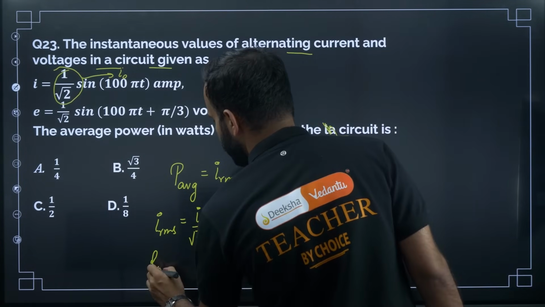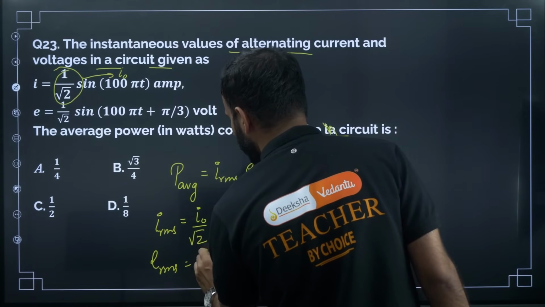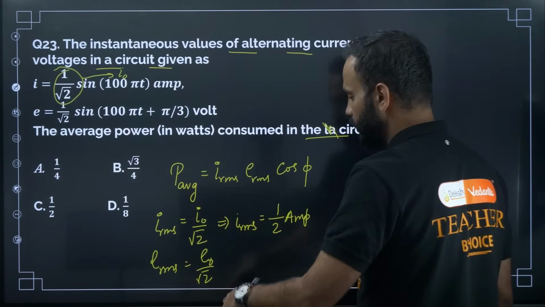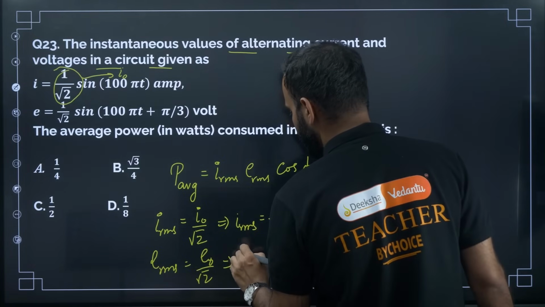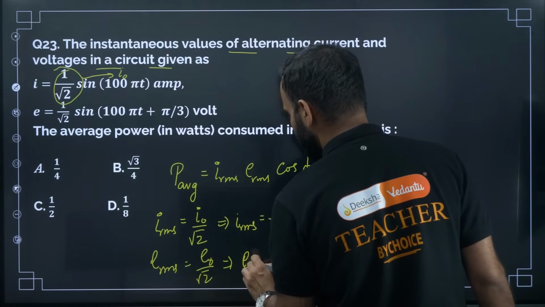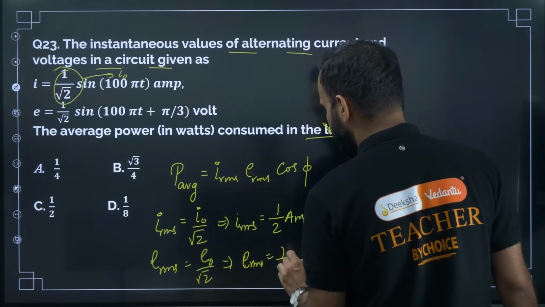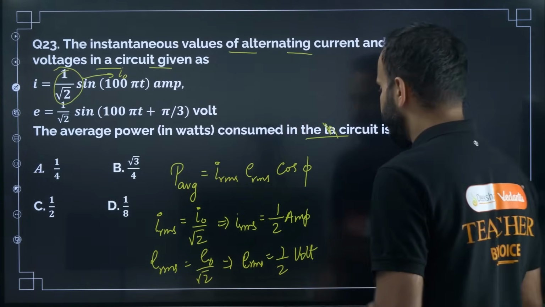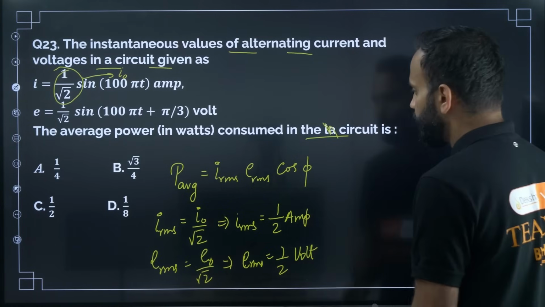So now ERMS is equal to E naught divided by root 2. What is E naught? E naught is 1 by root 2. 1 by root 2 into 1 by root 2, 1 by 2. So ERMS is equal to 1 by 2 volt. Okay, so now phi equal to pi by 3.